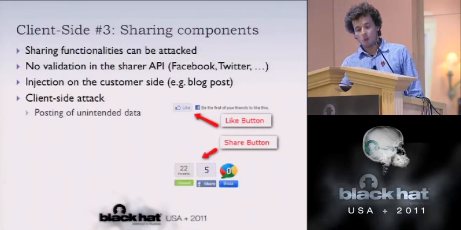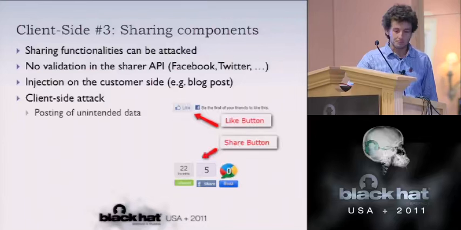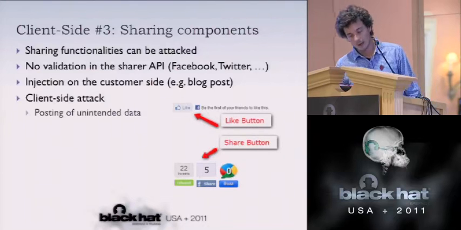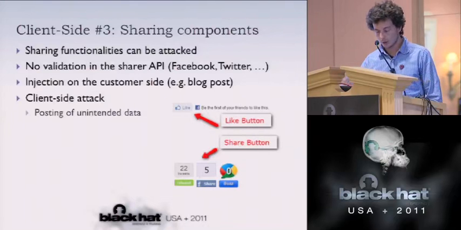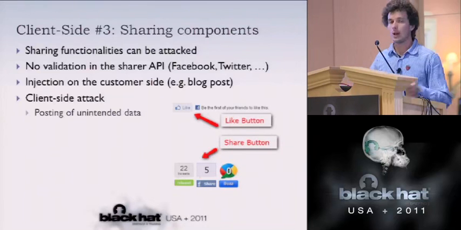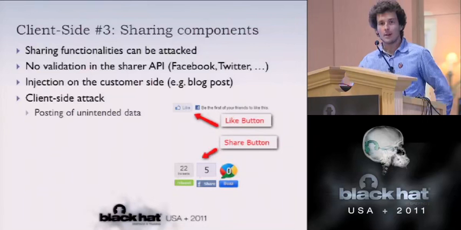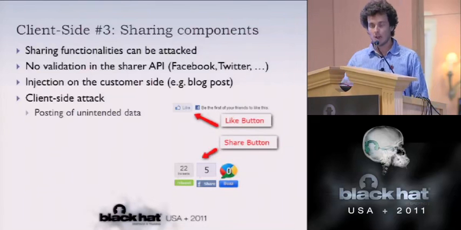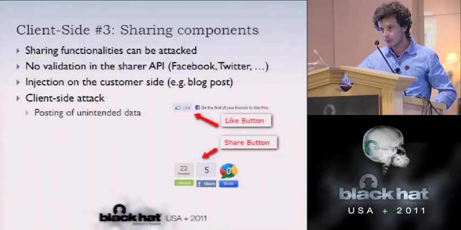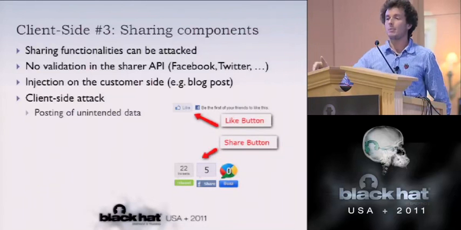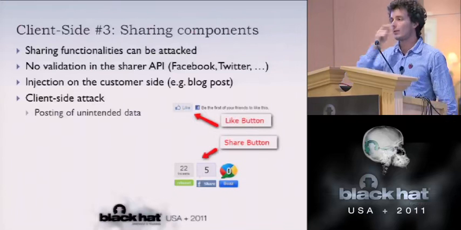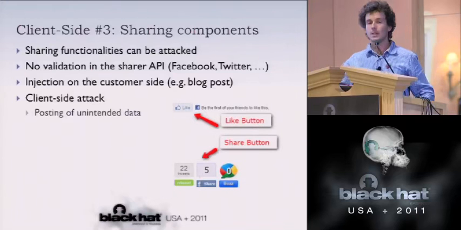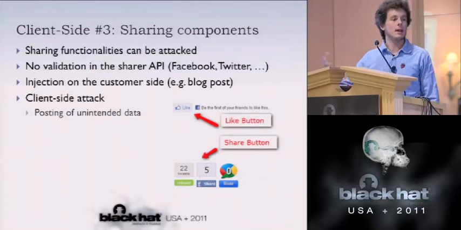Here we found a vulnerability in Facebook where it was possible to send some trigger URL to the victims, and when the victims visit this page, they see a page with a blog post. But when they click on this share button, instead of having the blog post shared, they have shared on their profile something that the attacker decided.